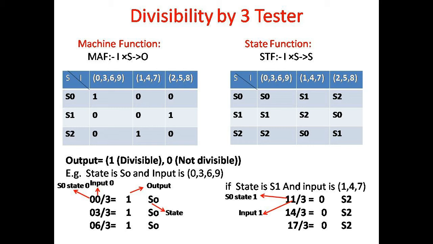The first 0 shows the state S0, the 0 remainder state, and the next 0 shows input 0. If we divide by 3, it produces the output 1, and the machine is in S0 state.